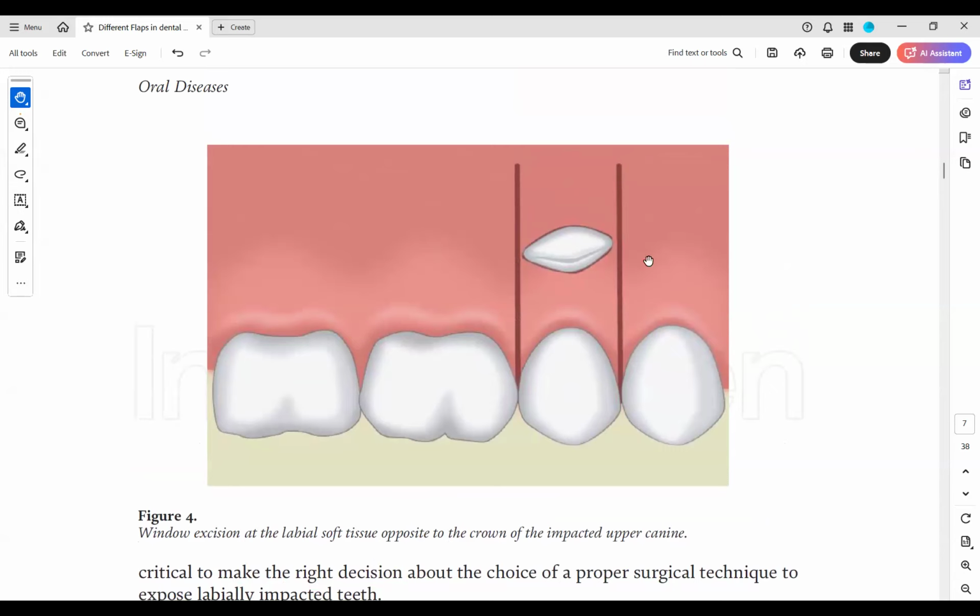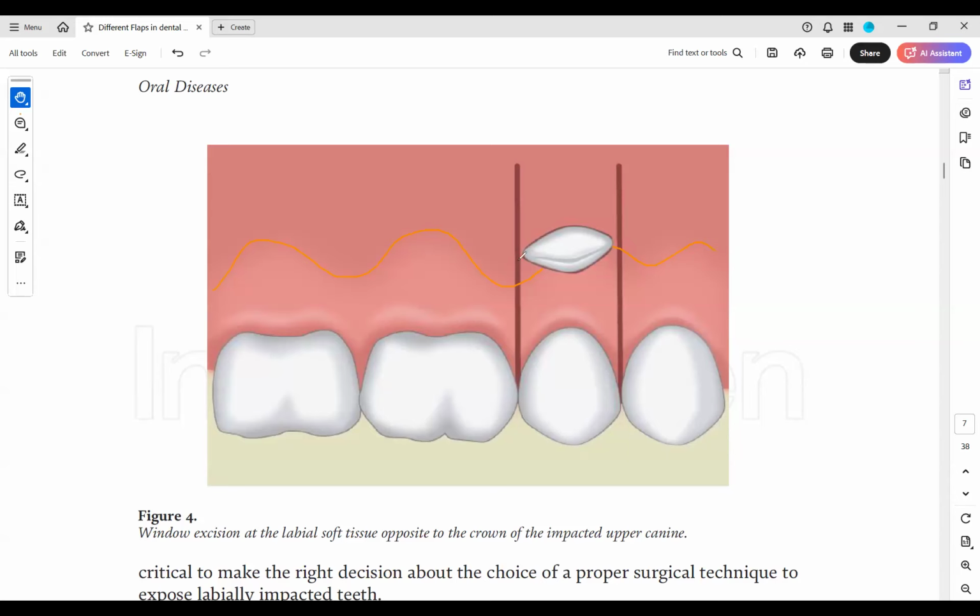Can you see this very faint shadow here? Very faint shadow, which would be your attached gingiva, and that would be your mucogingival junction then, right? Below which you will have your loosely lying alveolar mucosa. That's your mucogingival junction where the attached gingiva meets the loosely lying alveolar mucosa.